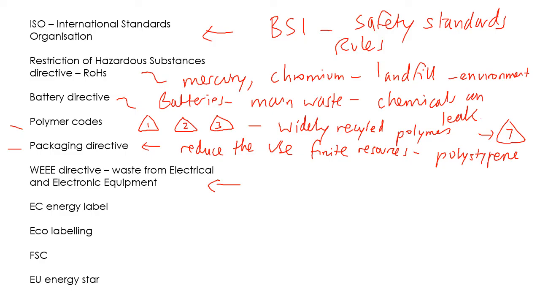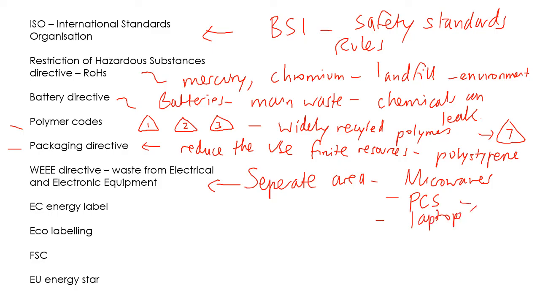So when you go to a recycling centre, or the dump that I used to call it, there is a separate area for things like microwaves, PCs, laptops, because a lot of these products contain very, very valuable resources, a bit like the circular economy really, valuable resources that need to be recovered.